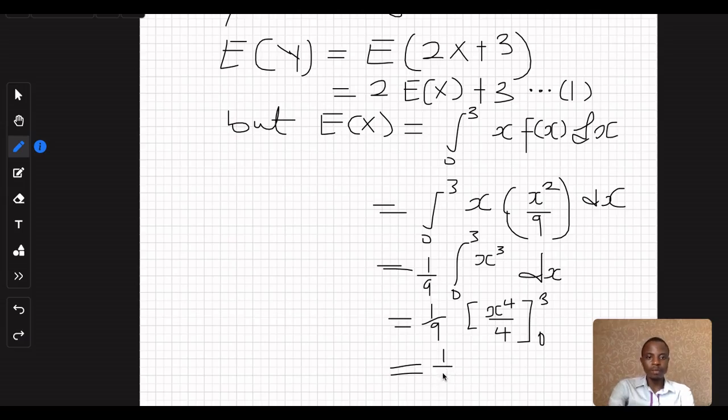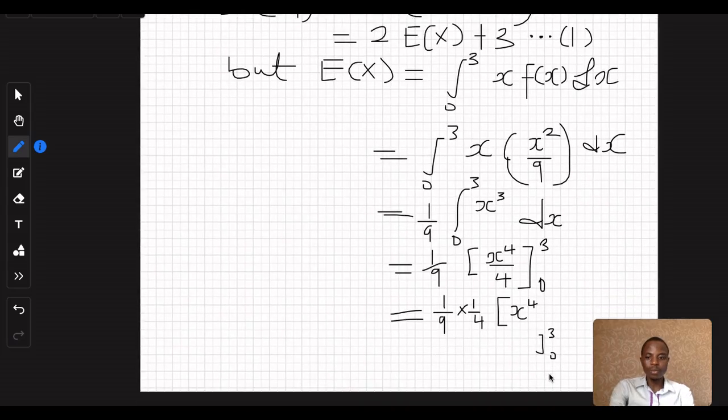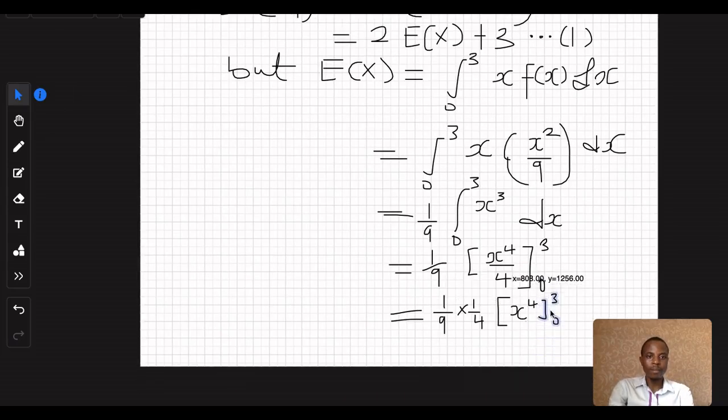Let's bring it out: 9 times 1 over 4. I'm bringing 1 over 4 out from what we had before, so it becomes x raised to the power of 4, limit from 3 to 0, and that will be equal to 1 over 36.